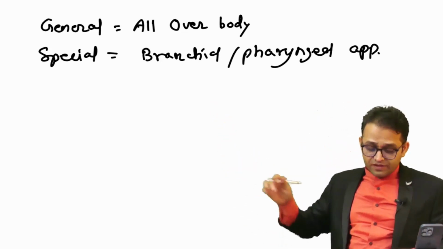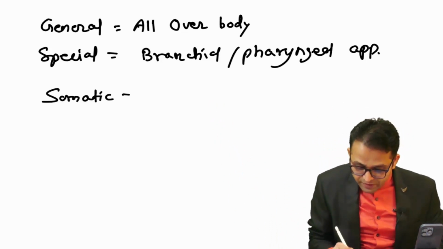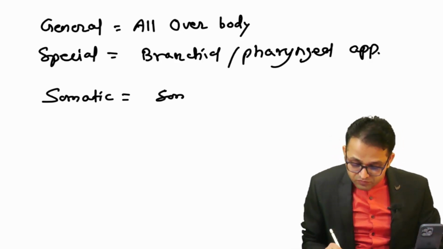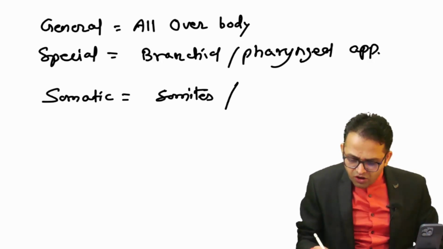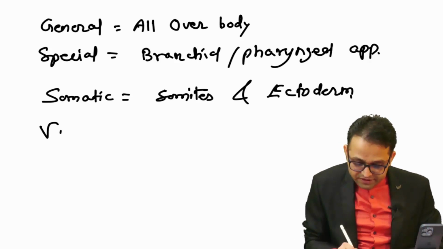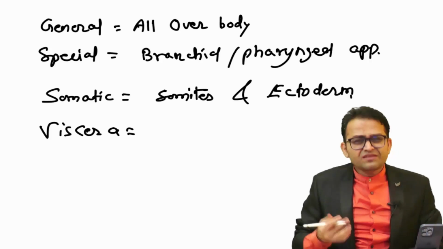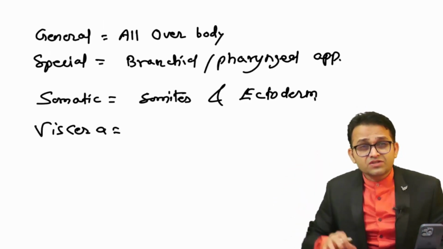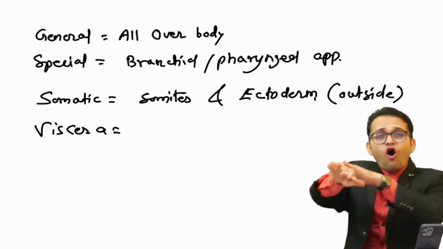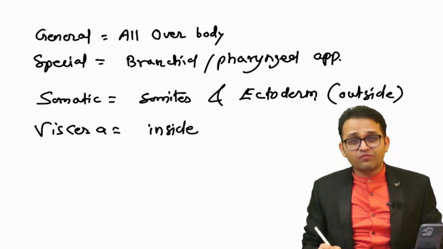Always this term will be used. Then you have to know what somatic is. Somatic means the structures derived from somites, or you can say ectoderm, the structures which are outside or at the surface. But viscera are inside of the body. You cannot touch them.